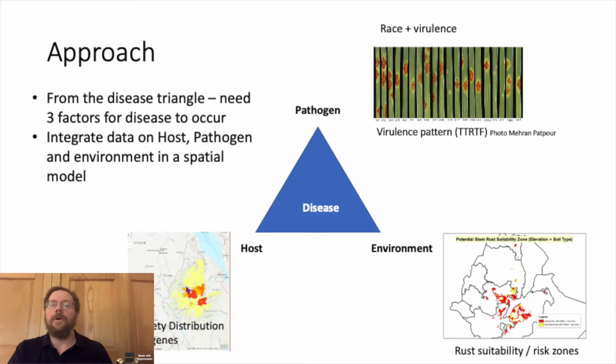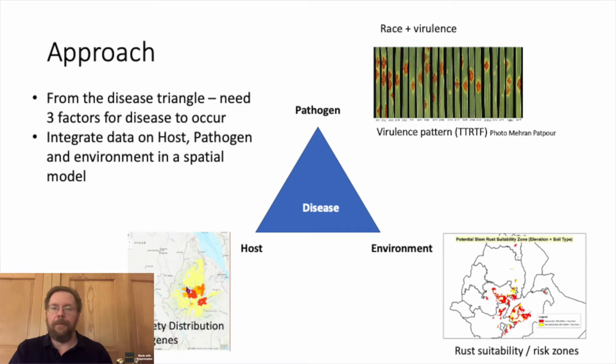We also know about the environment and where and under what conditions rust will either likely spread freely or be restrained and fail to thrive. Given this set of information, we can build a model that can predict the host pathogen interaction.